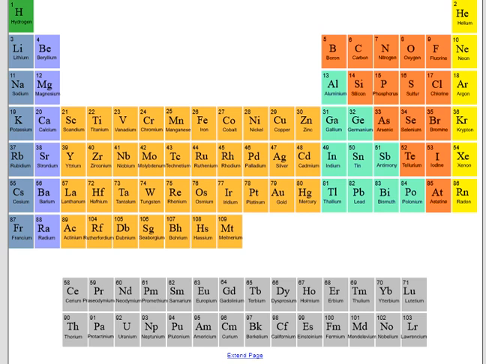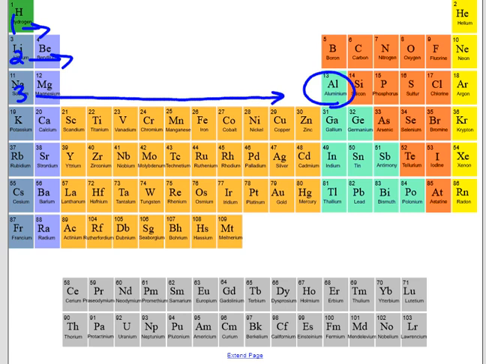So suppose I wanted to draw the Bohr model for aluminum. Because aluminum is in the third period, period 1 starting with hydrogen, period 2, and period 3 is the one that starts with sodium, magnesium, and goes all the way across, I would draw it by using 3 rings.